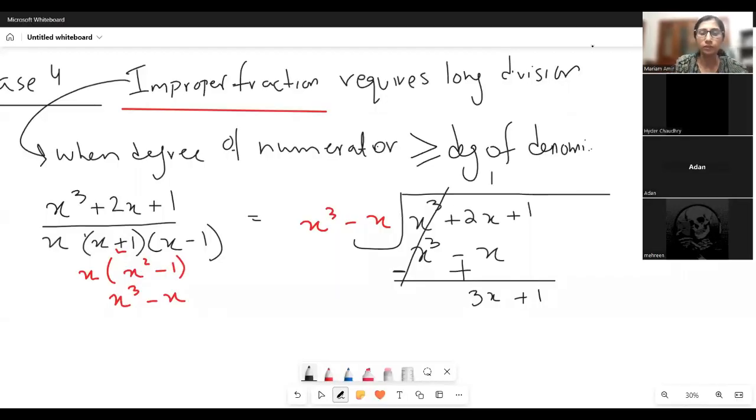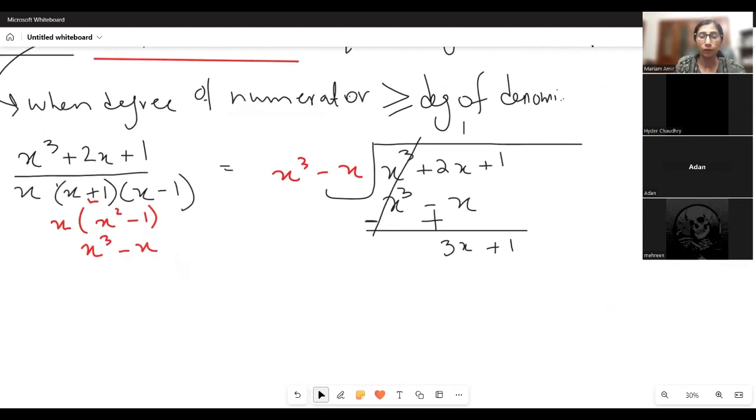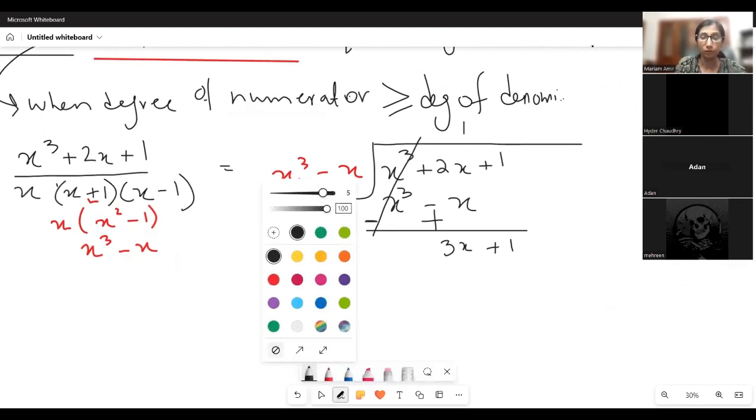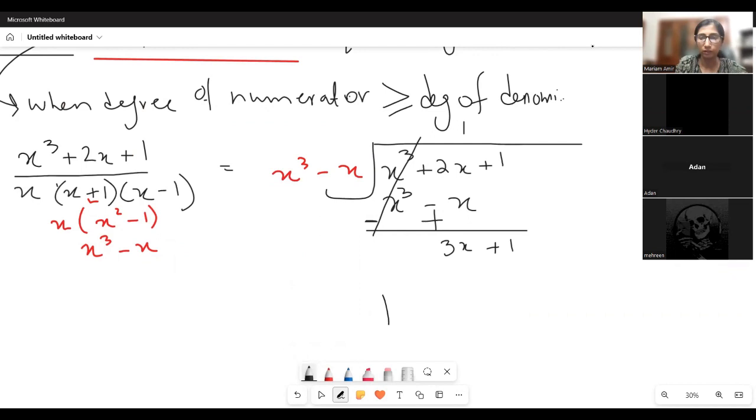So we can't further divide this. So I'm going to write this as a mixed number now. So we have 1 here, 3x plus 1 here, and x cubed minus x.